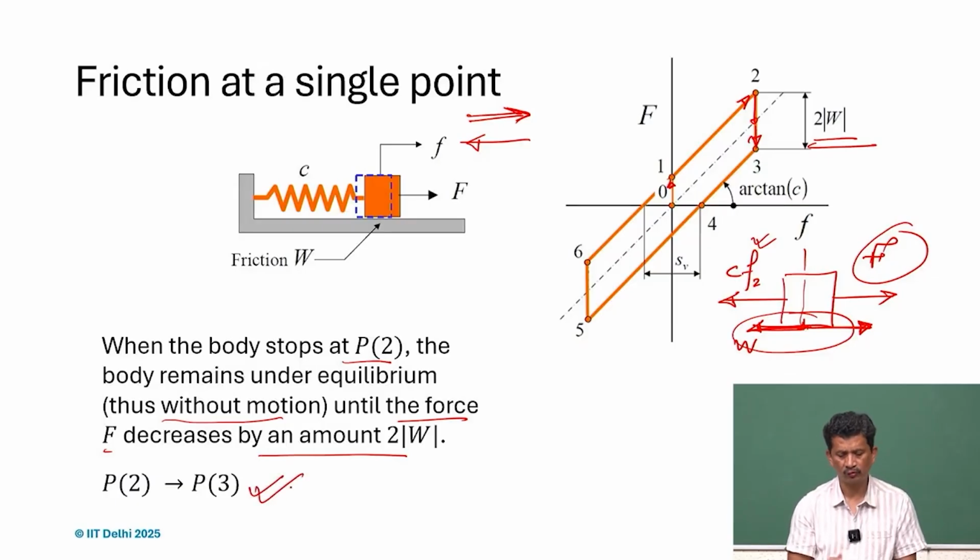So from 2 to 3. There is no deflection, but there is a drop. Force will change by this amount to W. And then it will start moving this way.